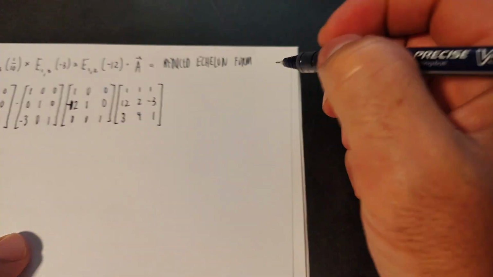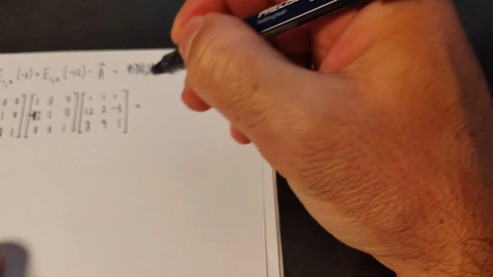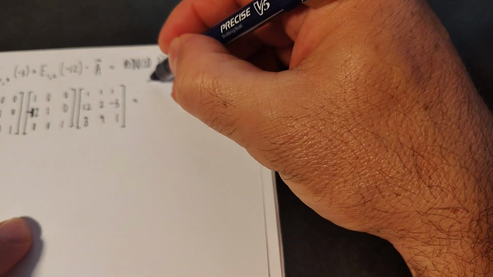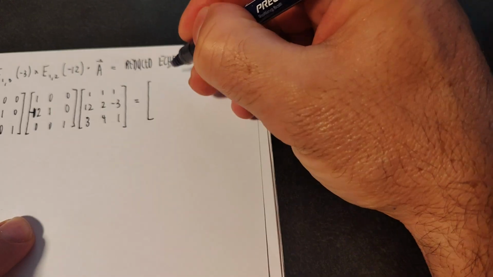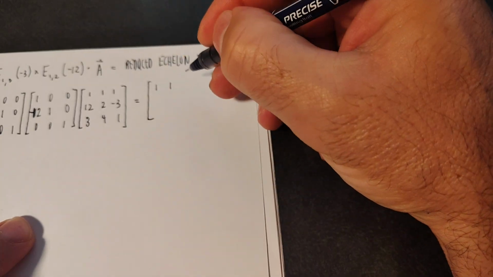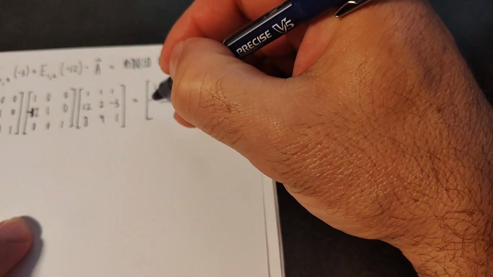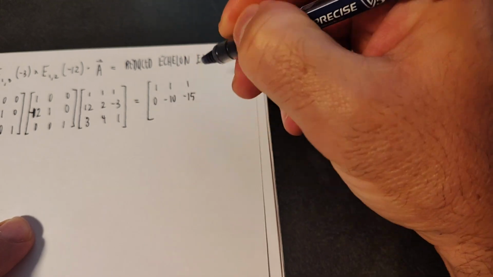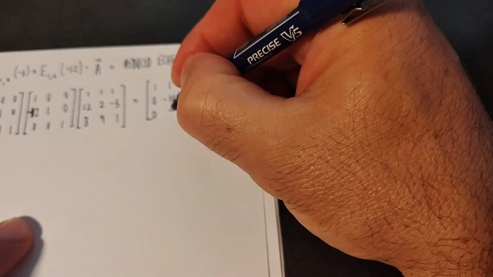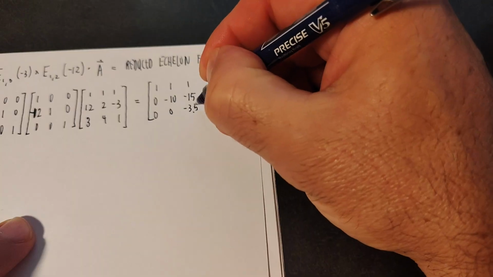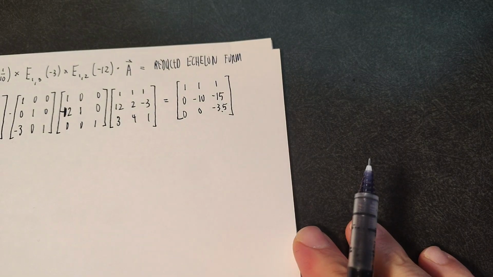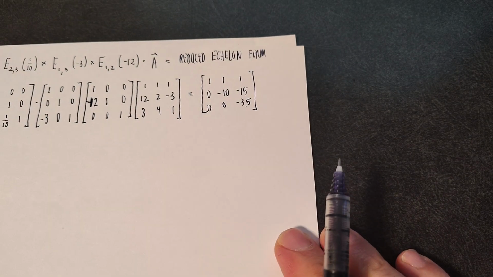I'll save you the details here because I don't know if I've got enough storage on my camera. The result is that reduced echelon form matrix 1, 1, 1, 0, negative 10, negative 15, and then 0, 0, negative 3.5. All right, which is what we wanted. We wanted to have this in reduced echelon form.